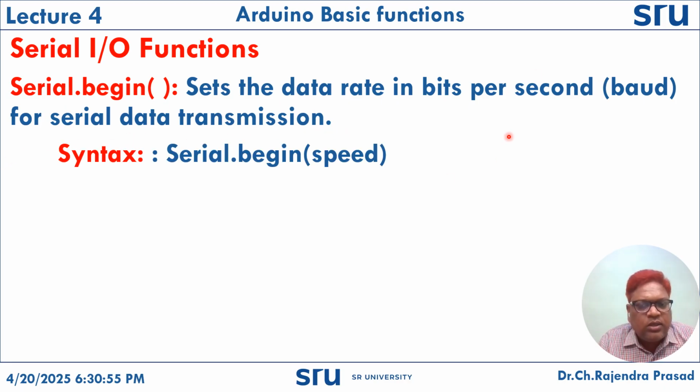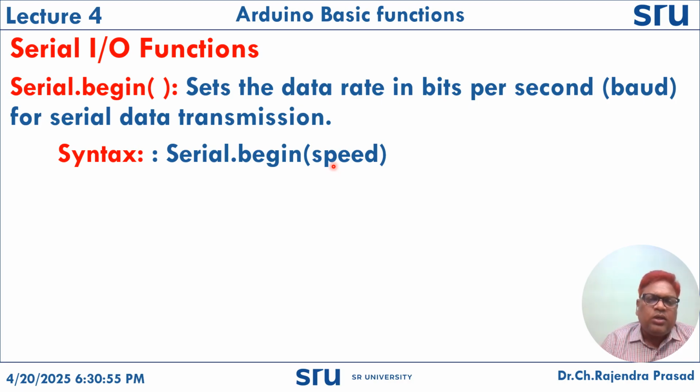So let us see the syntax. Serial dot begin. Here, whenever there is a dot after the first word, the first letter should be capital, so Serial dot begin, and within the parenthesis you need to define the baud.